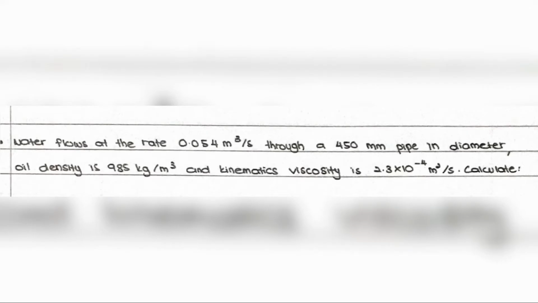Water flows at the rate of 0.054 meter cube per s through a pipe 450 mm in diameter. Oil density is 985 kg per meter cube, and kinematic viscosity is 2.3 times 10 power of negative 4 meter square per s.